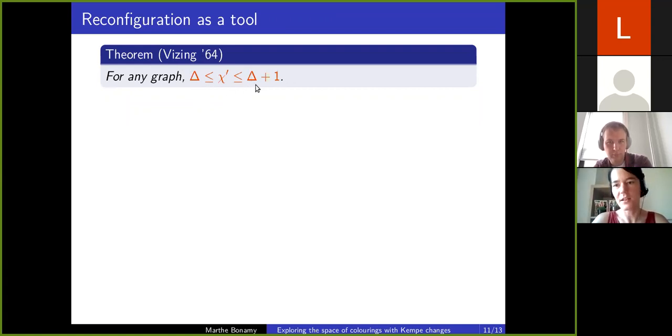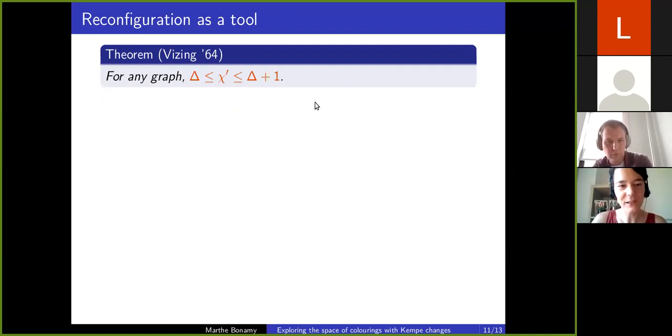You don't need 2 delta colors. You can actually be very close to delta. You can prove you always obtain at most a delta plus 1 coloring. Actually, deciding which of these 2 values is the right one is NP-hard. But still, it's super nice that here we only have 2 options. It's either this or that, and that's it. It's something we really don't have for vertex coloring, but at least here things work well.